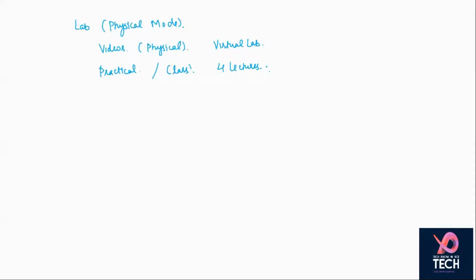Regarding evaluation, you are already familiar with that. You have 30 marks for the midterm, 50 marks for the major examination, 10 marks for quizzes, and 10 marks for assignments.